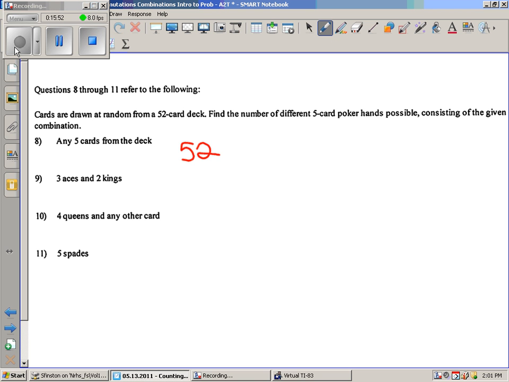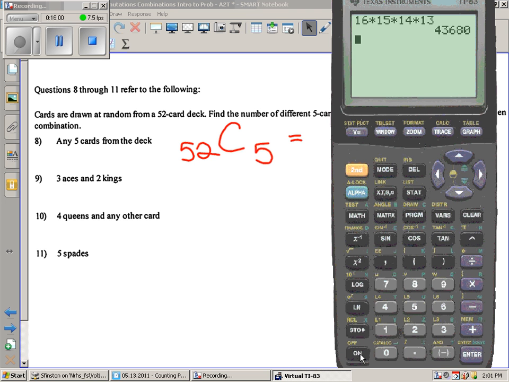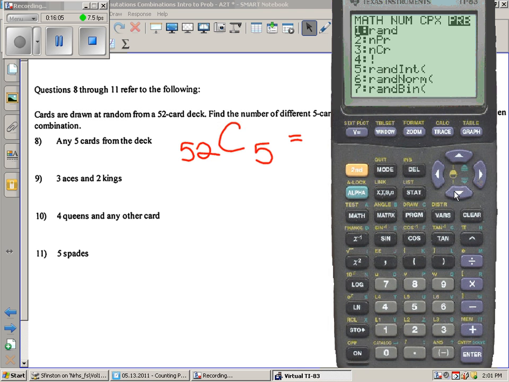There are 52C5. Break out your calculators and enter that in. Somebody read that number for me. No, not 259 million.